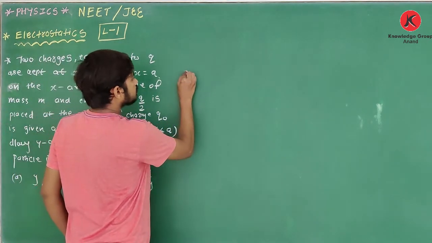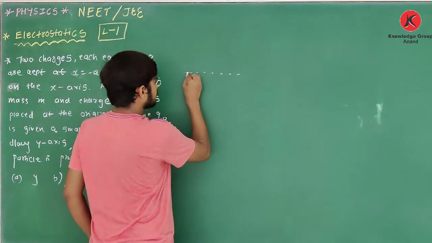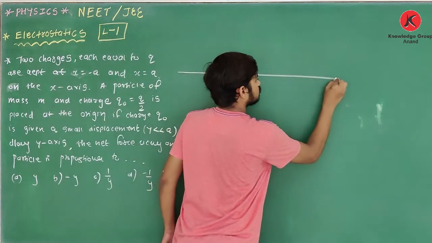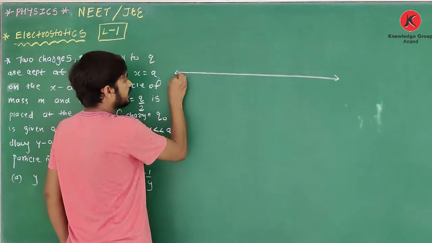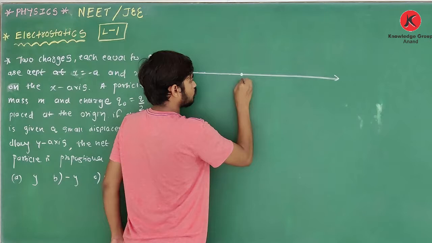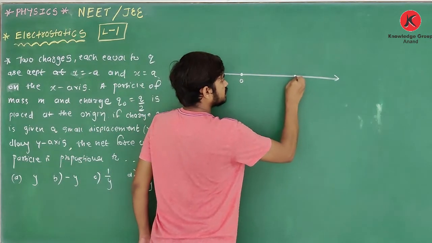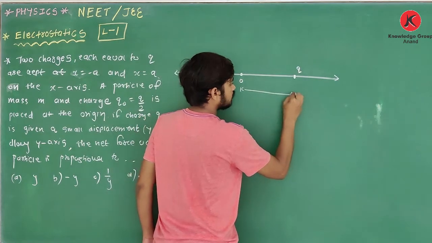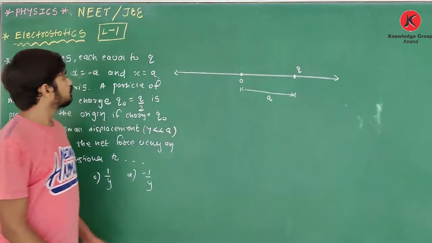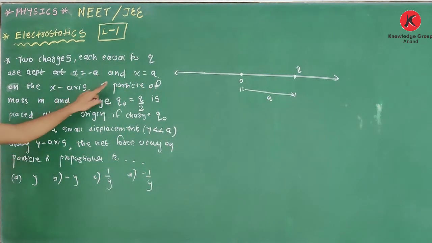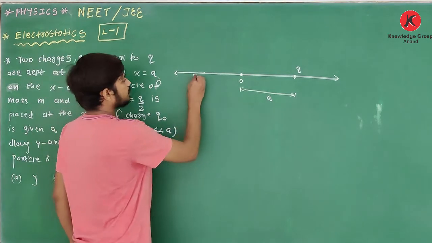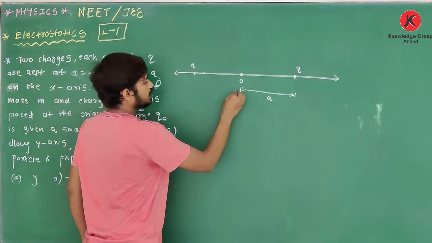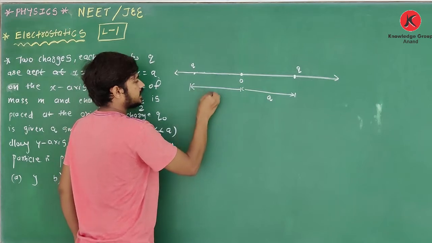You are given the x-axis. It is the origin. One charge q is placed at x is equal to a, and another at x is equal to minus a, which means another charge q is placed this side at distance a.